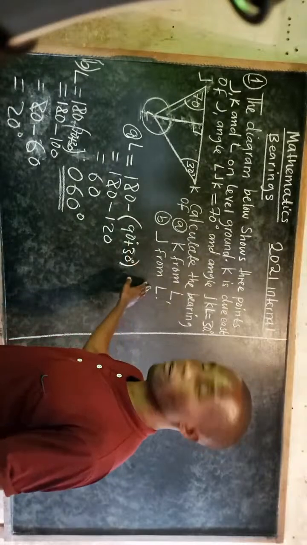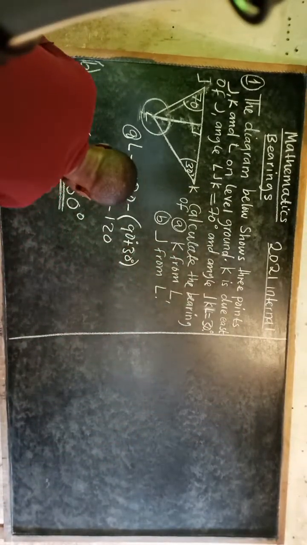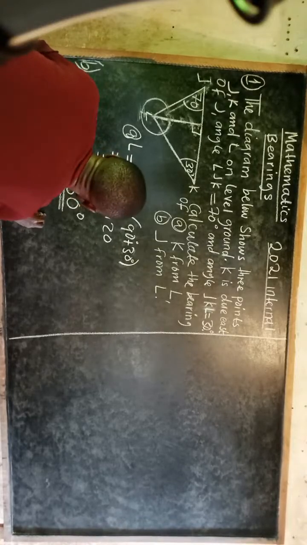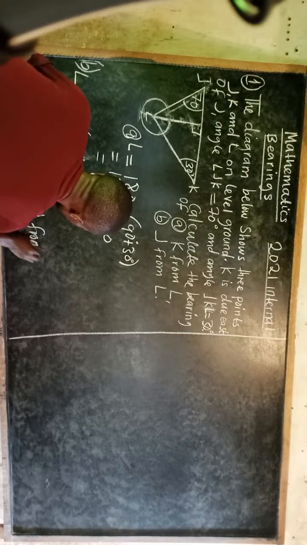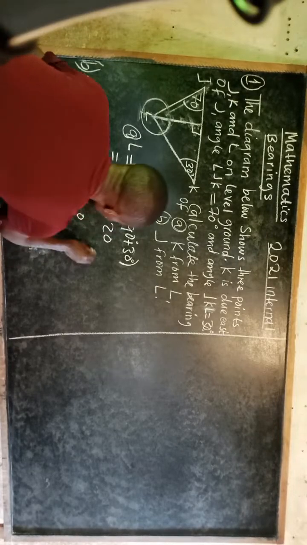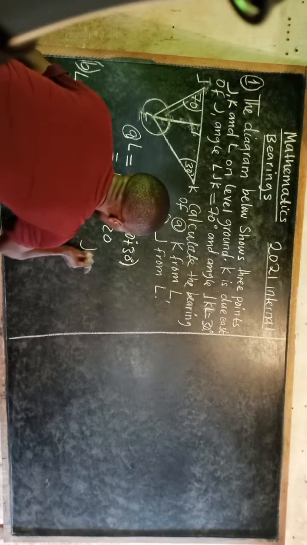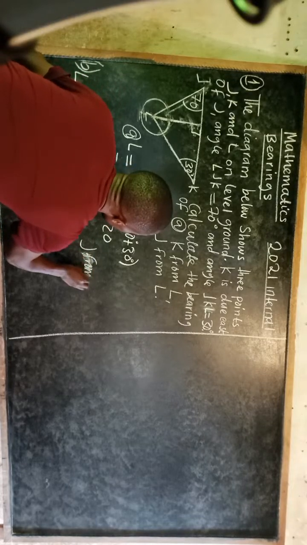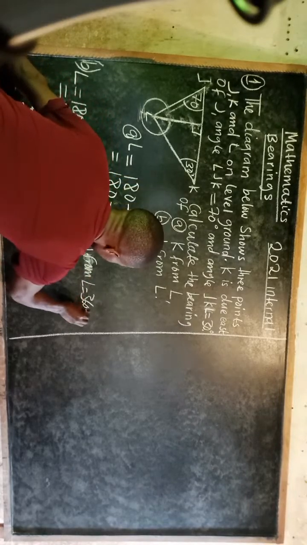Okay? So now that we know that this is 20 degrees, to find the bearing of J from L, we say, therefore, the bearing of J from L equals 360 degrees minus 20.